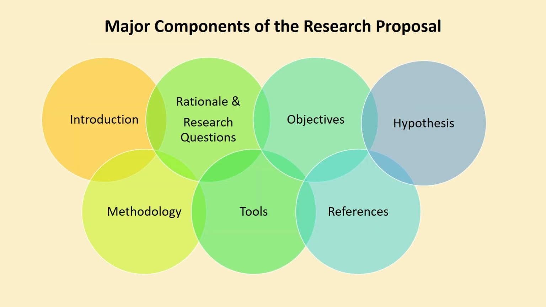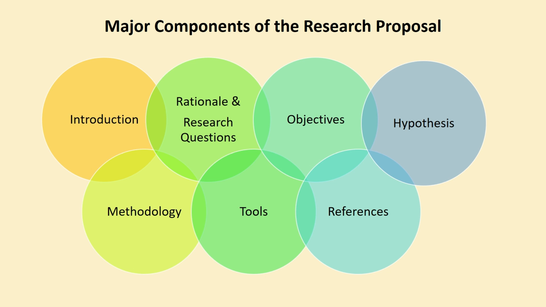Now, let us discuss the major components of the research proposal. As I have discussed, a research proposal has various components, and as a researcher you need to make a proper articulation of all these things so that you can communicate your ideas effectively. You can see: introduction, rationale and research question, objectives, hypothesis, methodology, tools, references.